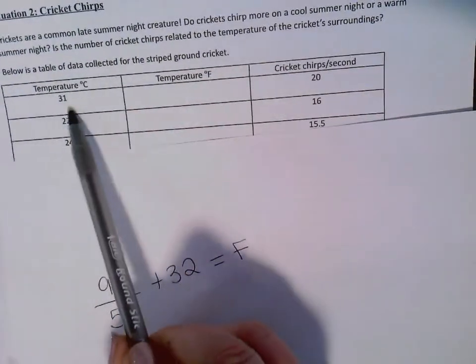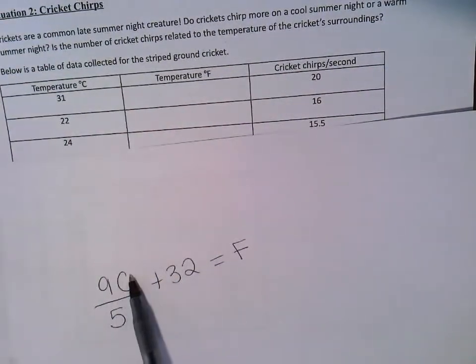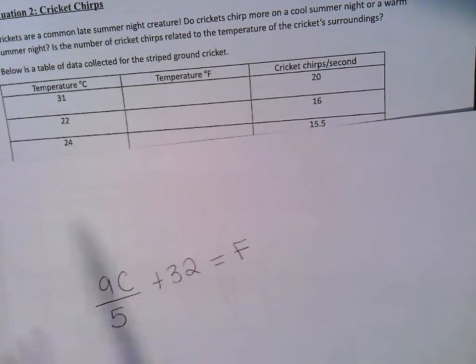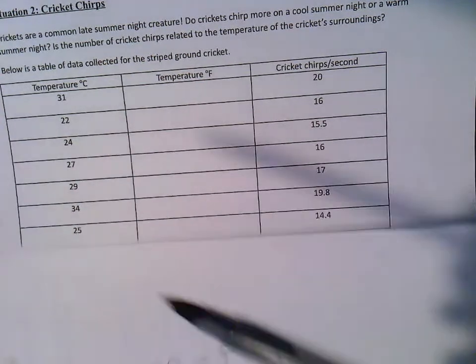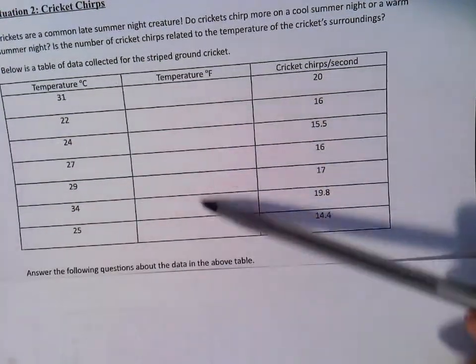So that way, when you plug in the number 31 right here, you're going to do 9 times 31. Let's do this on my calculator. So 9 times 31 divided by 5 plus 32 gives me 87.8 degrees. And I would just leave it in the decimal, whatever decimal you get.